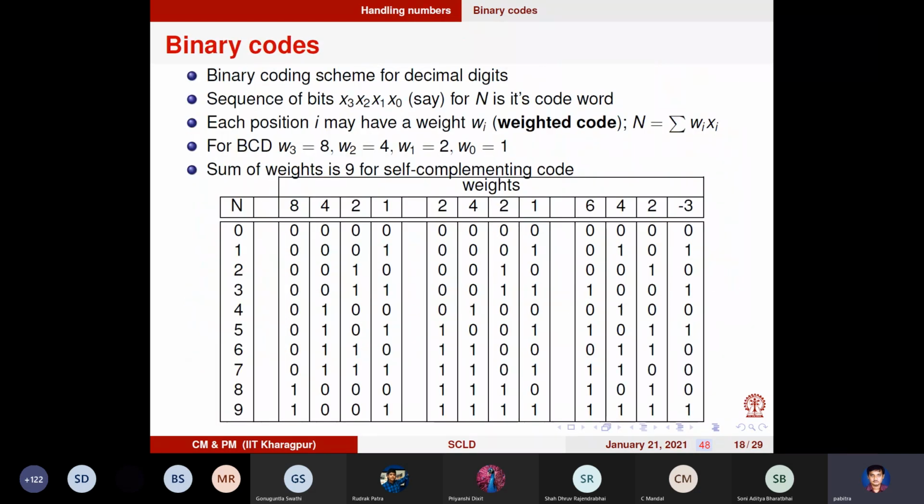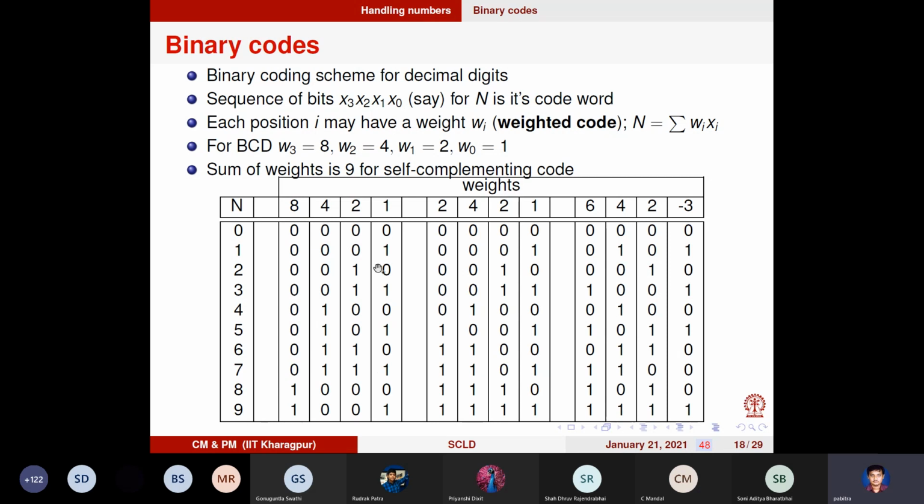That is something called a self-complementing code. It can be shown, maybe you can take it as an exercise, that if the sum of these weights Wi is 9, then it's a self-complementing code. For example, 8421 is not a self-complementing code.